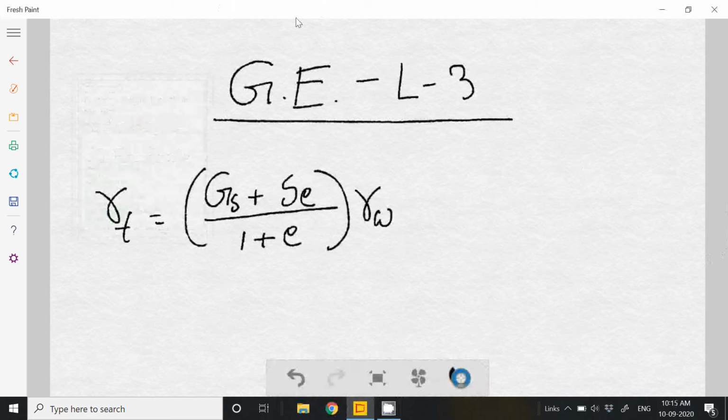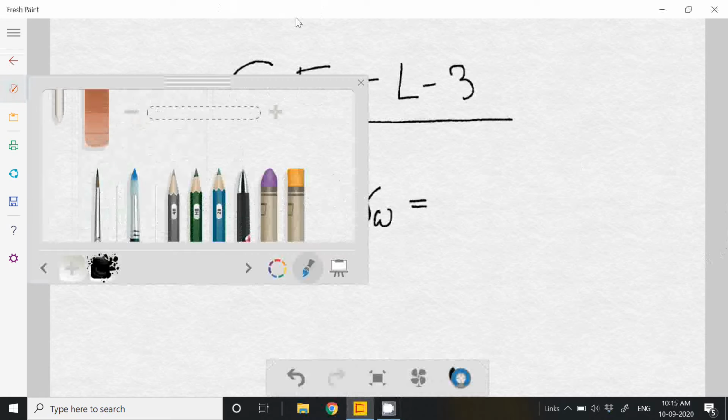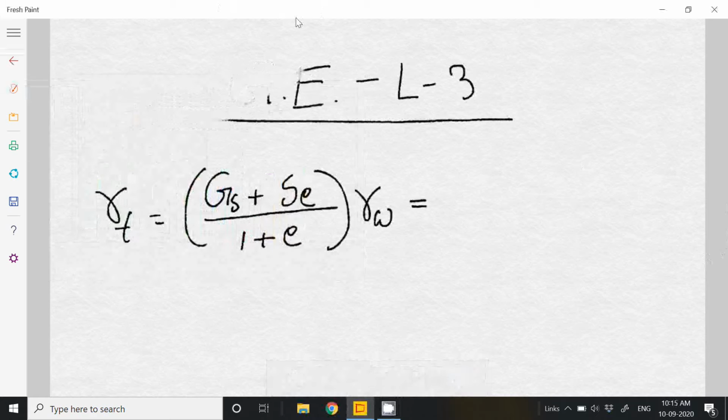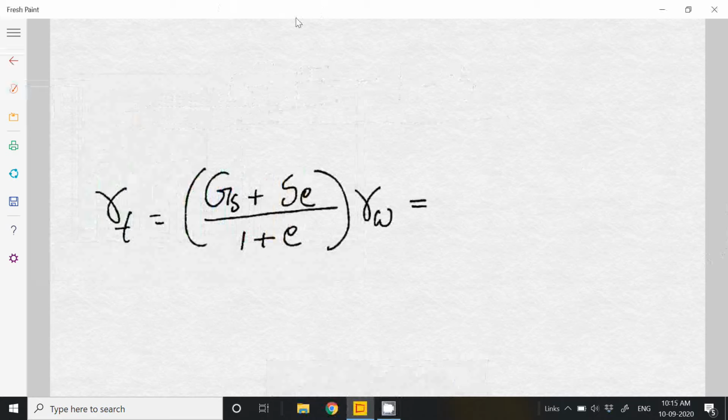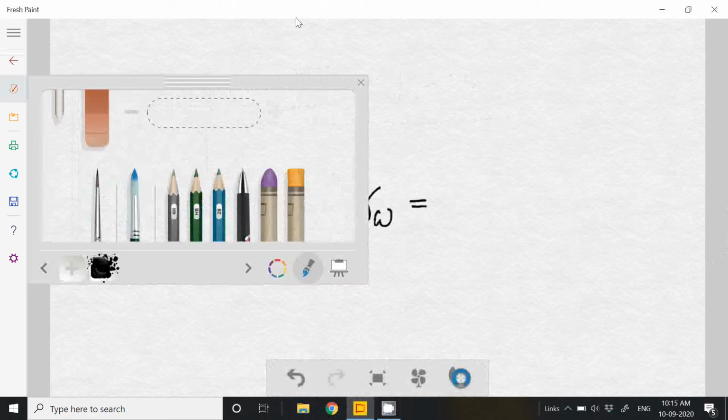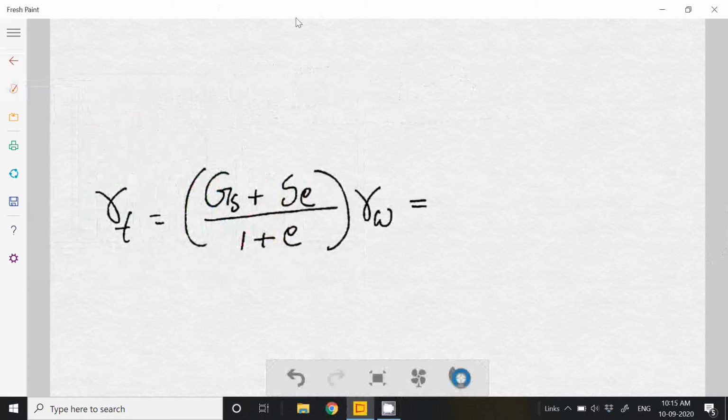So this was the formula for bulk unit weight, but this can also be modified. I did not give you the modifications, so I will show you how this formula can be modified, because you may be seeing this formula in different forms in the exams or in various problems.